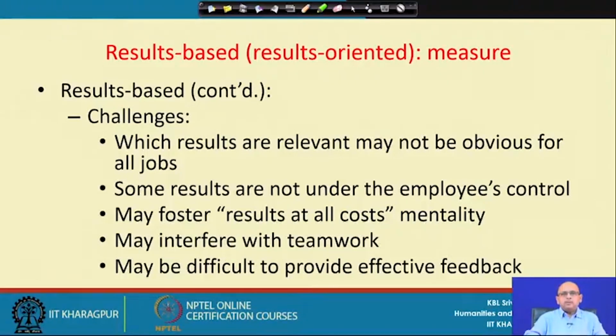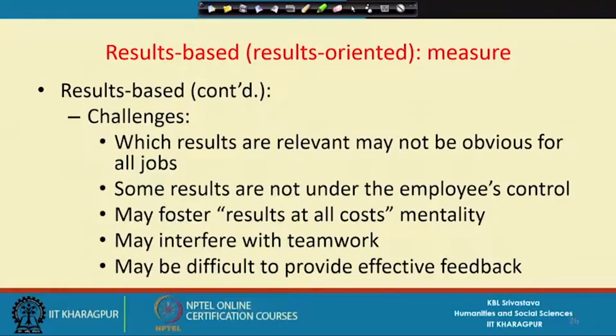And when it comes to producing results, sometimes it interferes with teamwork, because you are only concerned with your own results, not bothered about others. You think that if you are able to achieve your results, that is good enough, whether others are able to get results or not is not your concern. For example, in a sales team, suppose you have distributed the zones to different salespeople.